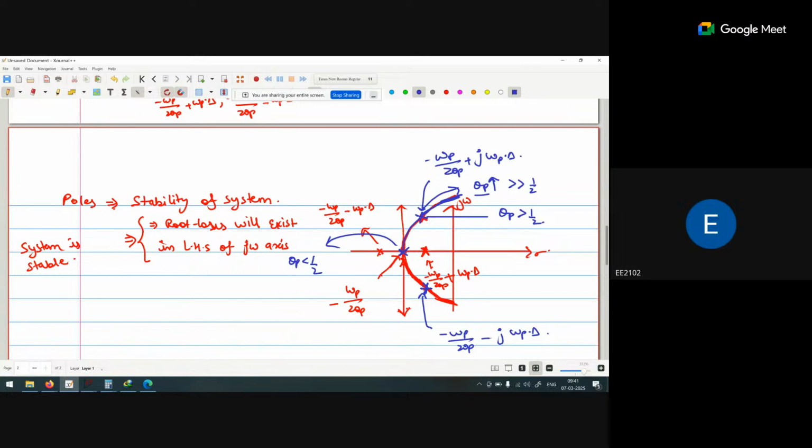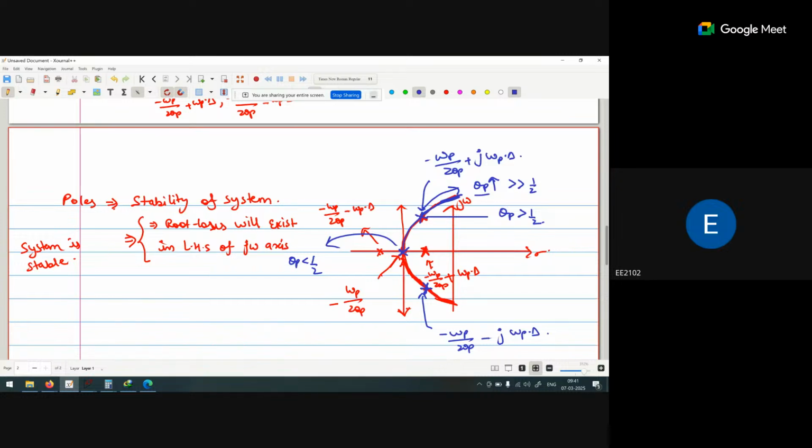Yes, sir. That's why we are not going to higher order. We are only discussing first order, second order, and sometimes third order. But the thing is that a second order system may also be unstable. That is dependent on the value of QP.